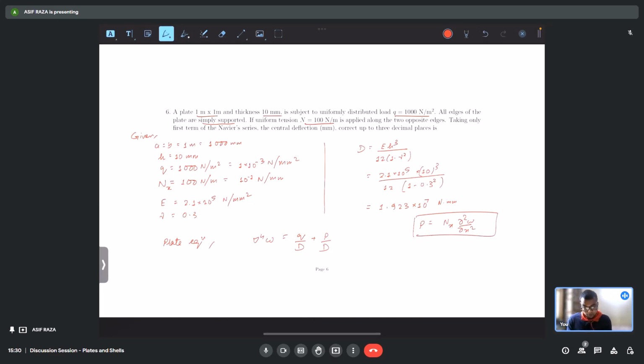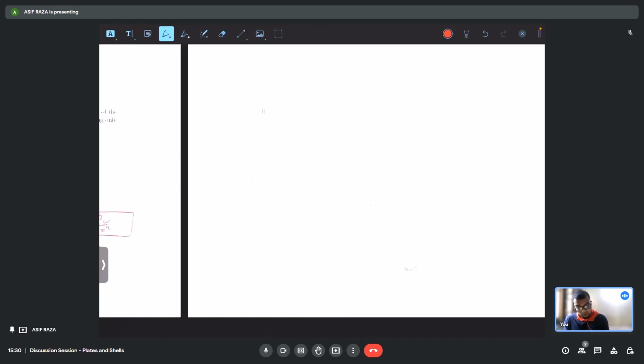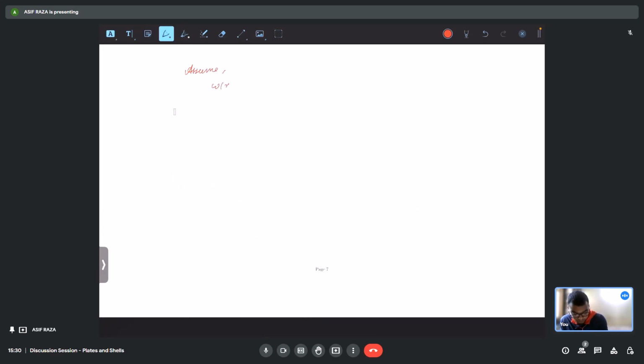Now in the question we can take the first term of the Navier series. So assume w of x comma y as: normally in the Navier series what do we take? A mn sin m pi x by a sin n pi y by b.